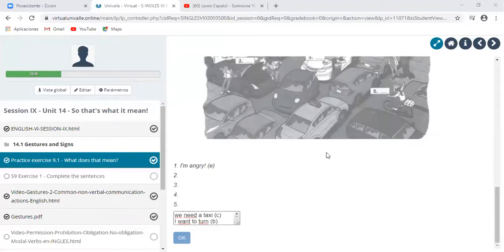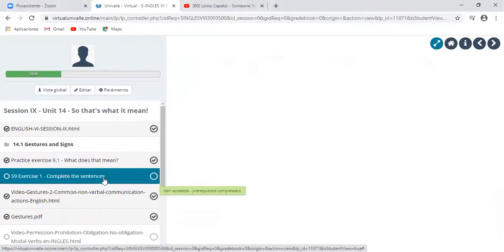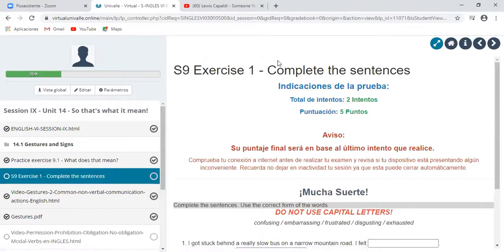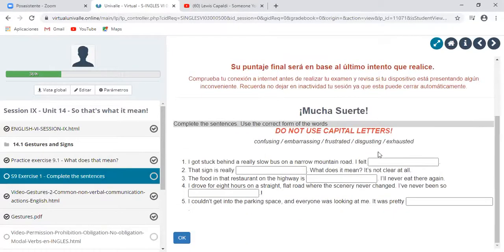Okay, so in here, you're going to have an exercise that is going to be evaluated, and this exercise goes for 5 points. You need to complete the sentences according to the verb forms, okay? And in here, you're going to be using adjectives as participles. Let's remember that we have adjectives with ing at the end, and we also have adjectives with ed at the end.